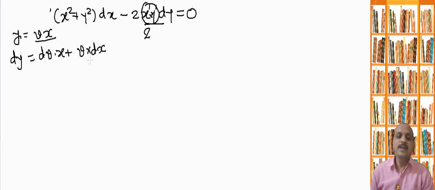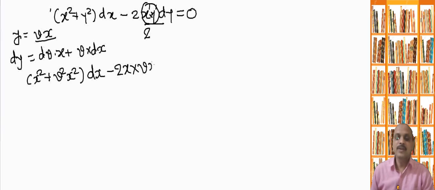Here we get dy equal to x into dv plus v into dx. Let us put this value in the expression. You can see that x square plus y square means v square into x square into dx minus 2 into x into v into x into dy, that is x into dv plus v into dx, equal to 0.